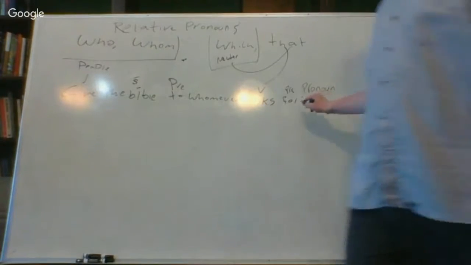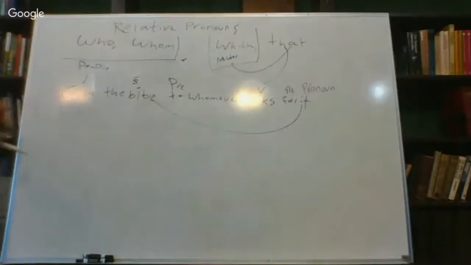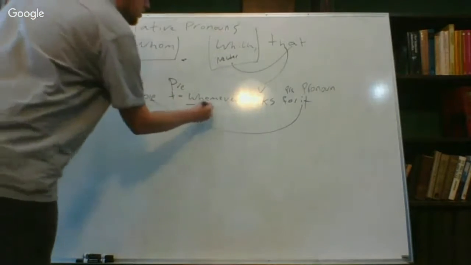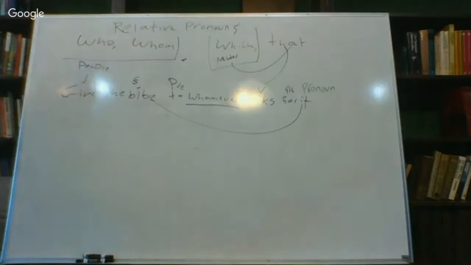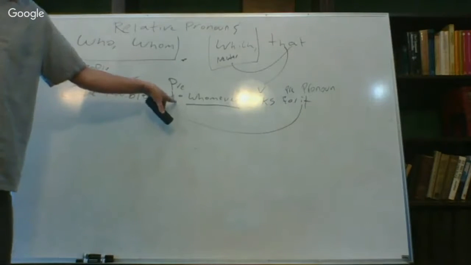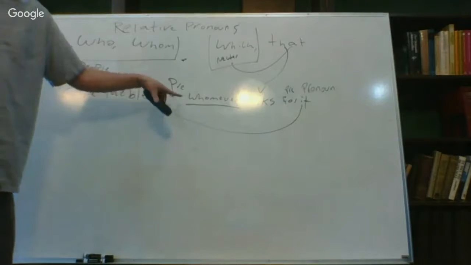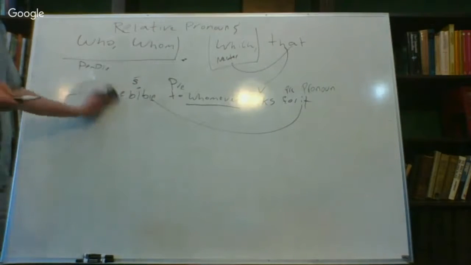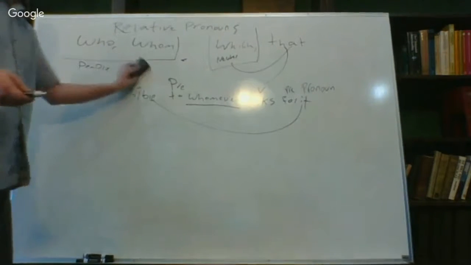Bible? Yes. So the antecedent of it is Bible, but we have here whomever is our relative pronoun, and it's being the object of our preposition. Okay. So we'll see just a lot of different ways that the relative pronoun functions.